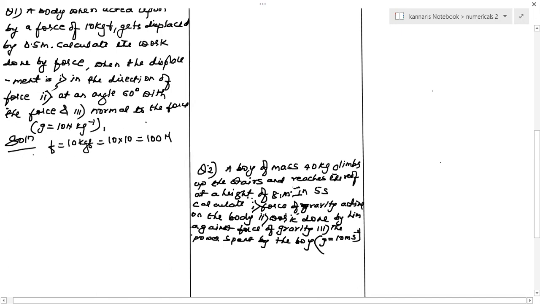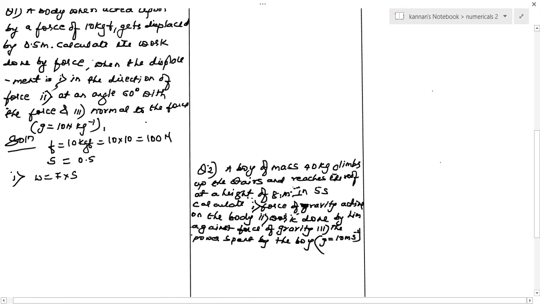Now what is the displacement given to you, children? Displacement is 0.5 meter. First, when the displacement is in the direction of force, I told you W is equal to Fs, whenever displacement takes place in the direction of the force.